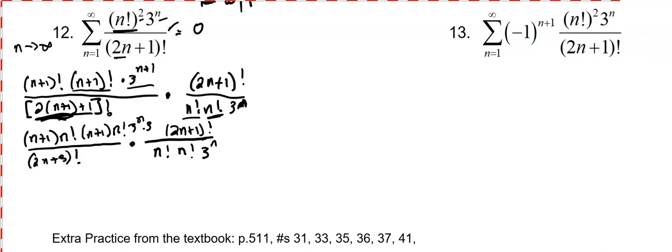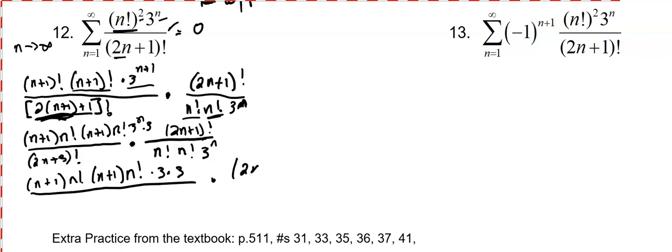So I'm not going to quite start canceling things out just yet. So rewrite this numerator. And then we have our 2n plus a 1 factorial in the second fraction. And then we would have an n factorial, 3 to the n. So I'm now going to simplify this here.